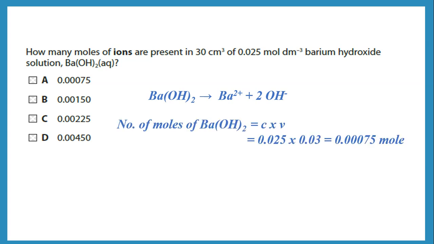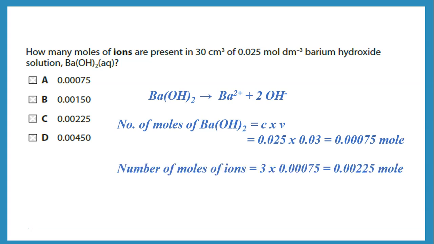So let's get the number of moles. Number of moles is concentration times volume. The concentration is 0.025. Please do not forget to divide the volume by 1,000. This gives me the number of moles of barium hydroxide. But we are required to get the number of moles of what? Of the ions. From the equation, 1 mole gives 3 moles of ions.